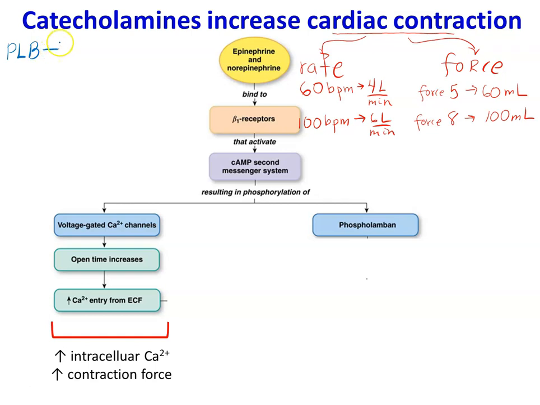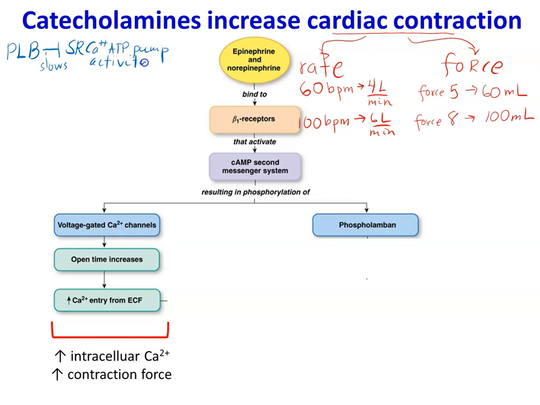So here, it inhibits or slows, because these pumps are still working. They're just not working at their top optimum speed. So it slows down sarcoplasmic reticulum calcium ATP pump activity.